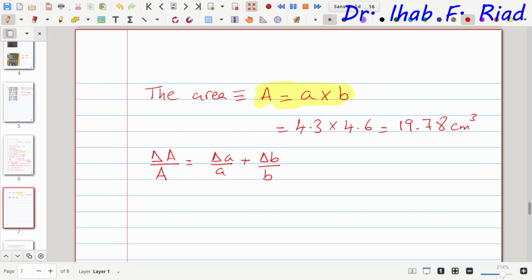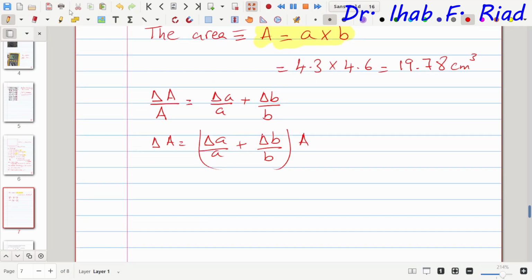If we want delta A itself, it's equal to (delta a over a plus delta b over b) times A. Let us substitute: 0.1 divided by 4.3 plus 0.1 divided by 4.6, multiplied by 19.78. Okay, let us do the math.